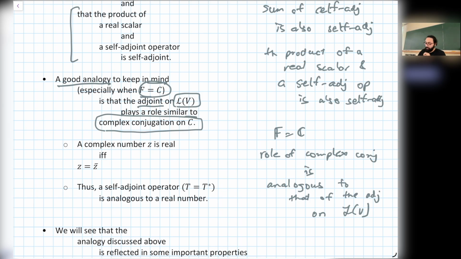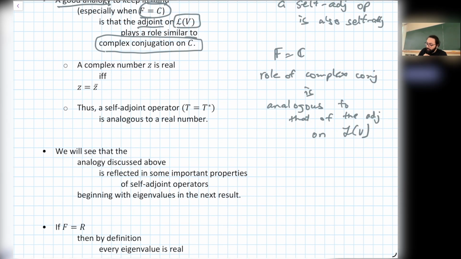Very simple. We know that a complex number z is real if and only if z is z bar.